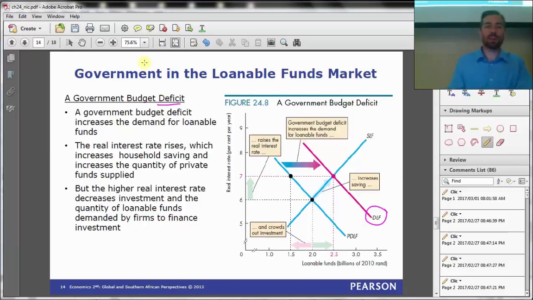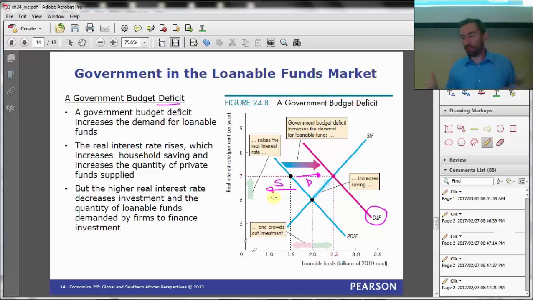In the same way that a budget deficit shifts the demand curve to the right, that would be a deficit. You can also see how a budget surplus would shift the demand curve to the left, right? So how does the textbook make a distinction between why a demand curve is shifting and why a supply curve is shifting, right? It doesn't.